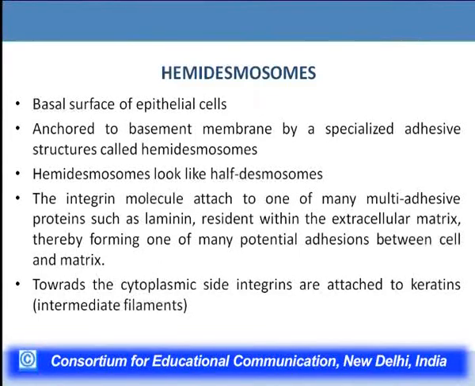Whereas towards the cytoplasmic side, the integrin tails are attached to keratin, which is a type of intermediate filament. So hemidesmosomes are the site where the epithelial cells bind to the basement membrane. Towards the cytoplasmic side is an array of intermediate filaments, whereas towards the ECM side it can bind to any number of specific ECM molecules.